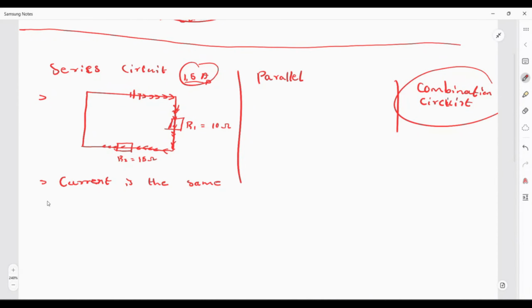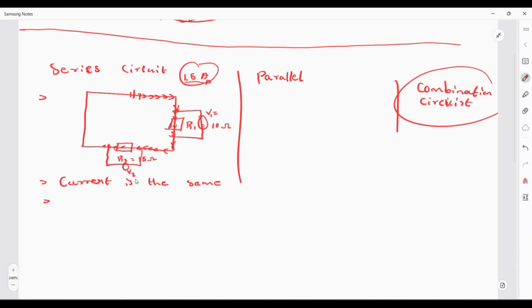Then the second thing, what changes is your voltage. What is going to change is your voltage. Let's say, for example, you have V1 over here. I know my diagram is a bit messy, it's fine. You have V1, for example, let me not put the readings. And then let's say you have V2 over here.